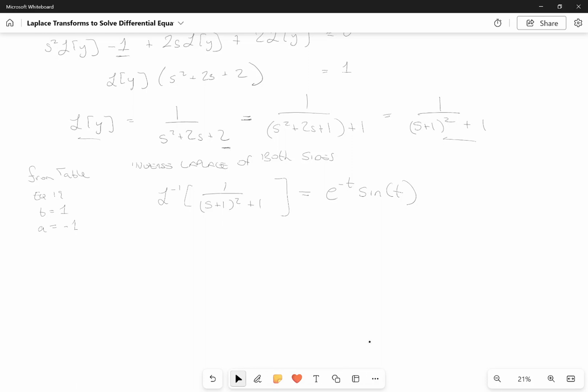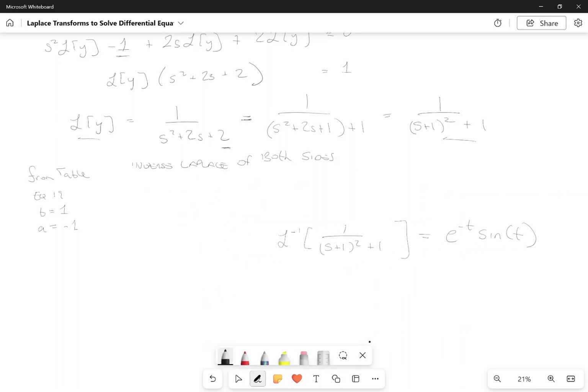What I meant to write here, more carefully, is that I'm taking the inverse Laplace of both sides. So I'm doing the Laplace inverse of the Laplace of y, which is equal to the Laplace inverse of what's on this side.